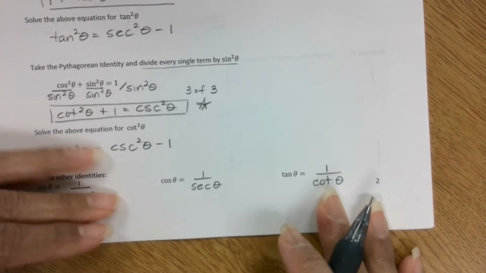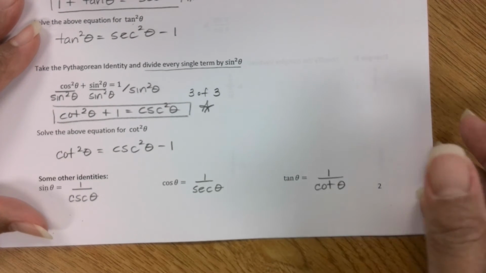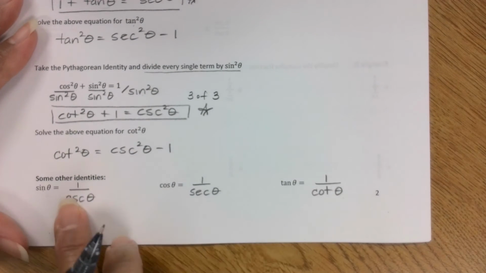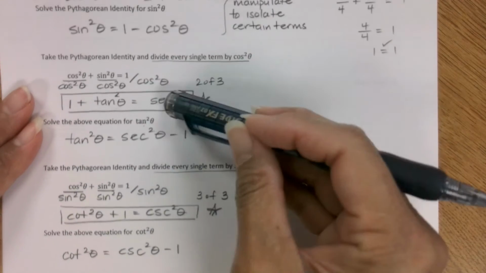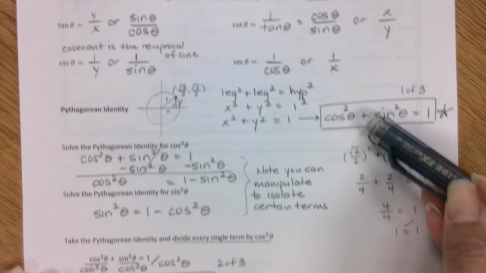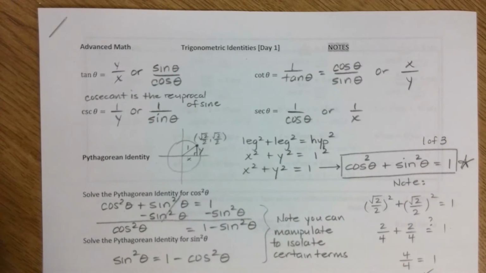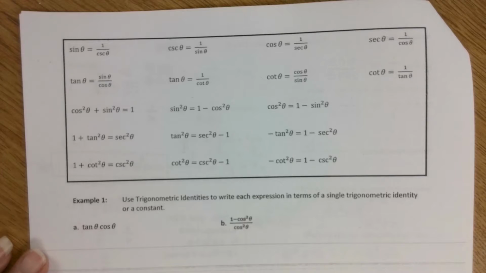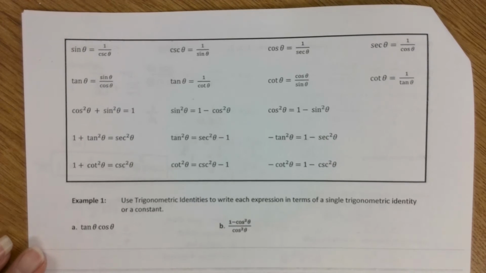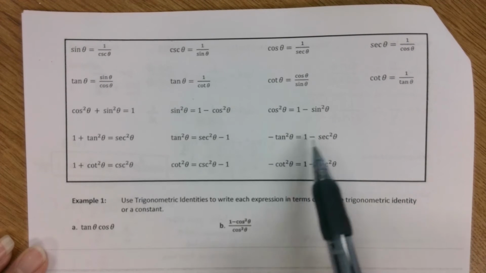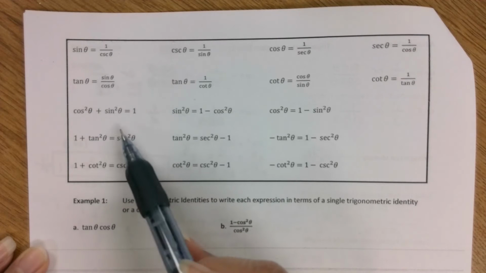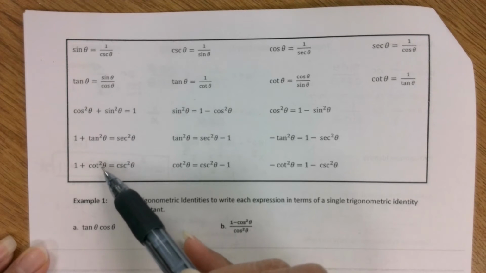Okay, so what you're going to see on the next page is all these functions right here, the 3 of these, and all of these up here. You'll notice that we have compiled and put them right up here in an organized fashion in a formula chart.